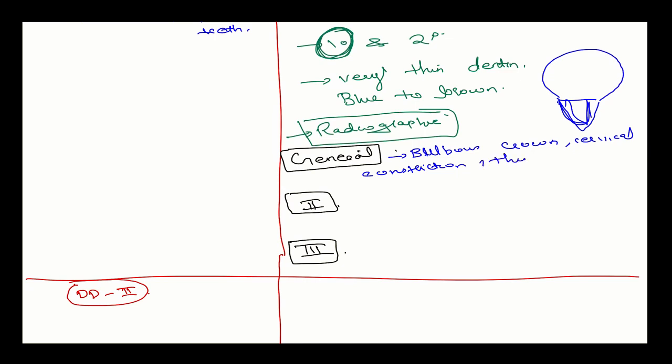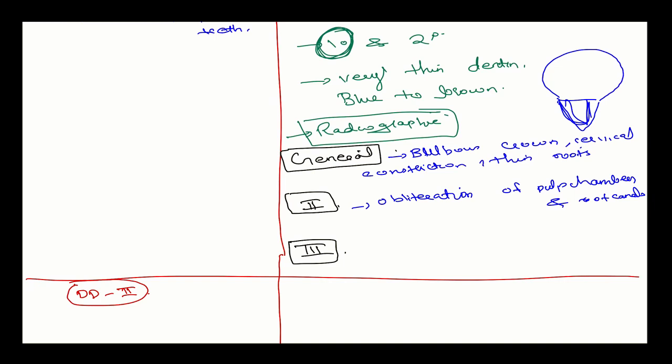So cervical constriction and thin roots. This is seen in all, type 1, type 2 and type 3, whereas in type 1 and 2, the feature is early obliteration of root canals and pulp chambers. This is one question they ask you.